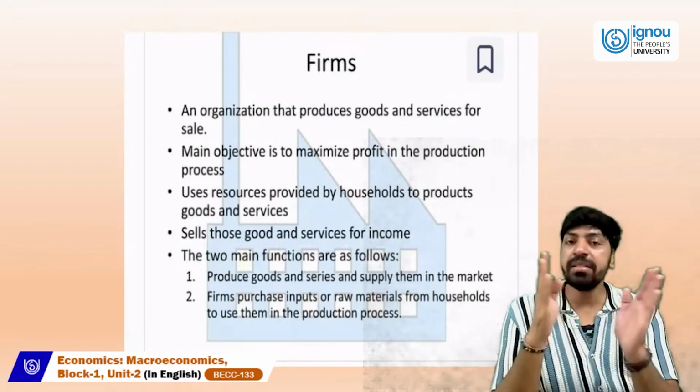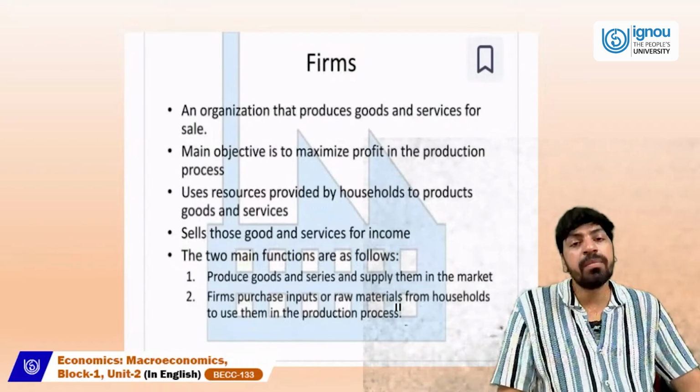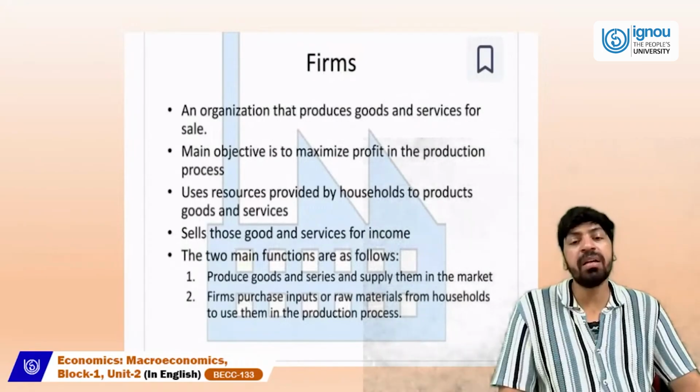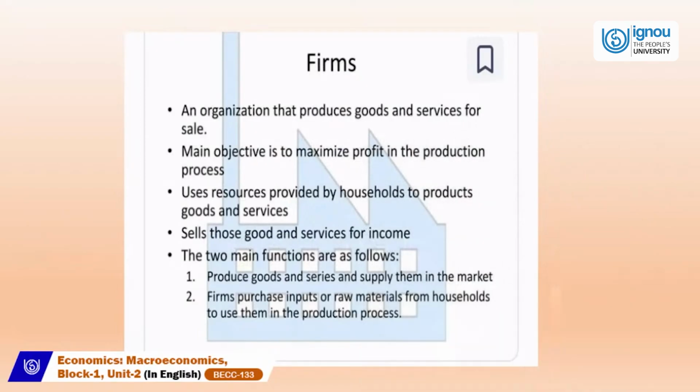So that is the function of the firms, how it works in the circular flow of income, and how the income is generated by the firm. It's just by selling all those goods and services to the household, and it uses all those resources provided by the household, that are land, labor, capital.